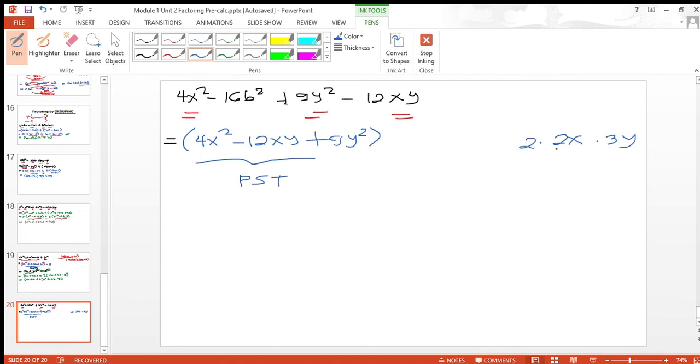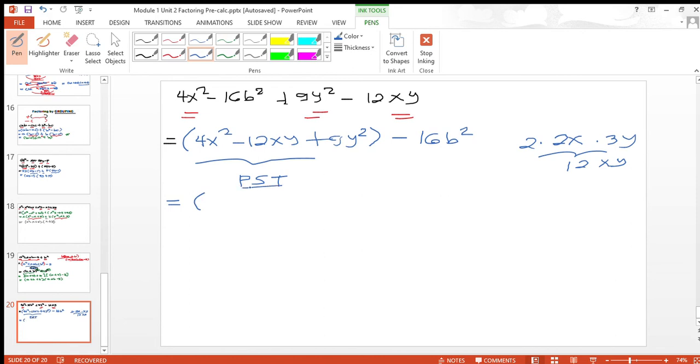Times 2, we get 12xy. So obviously it's a perfect square trinomial. We have inspected it. And then that leaves us minus 16b squared. So after doing that, it is now a resemblance of the last example that we had.